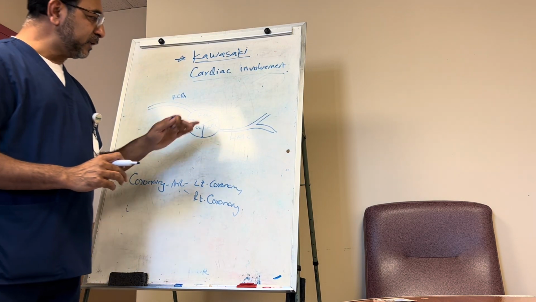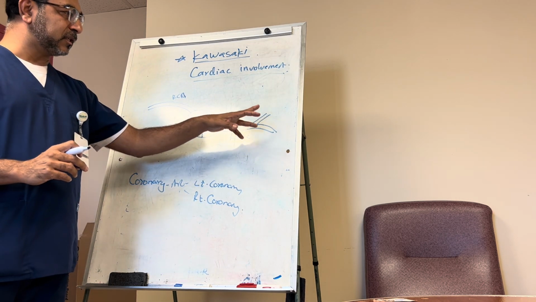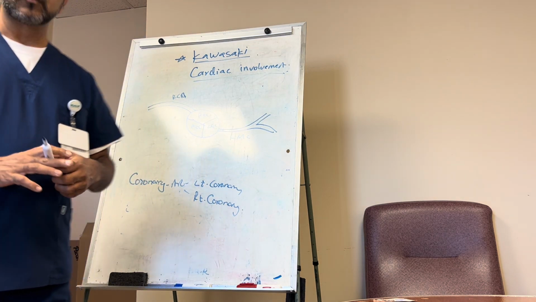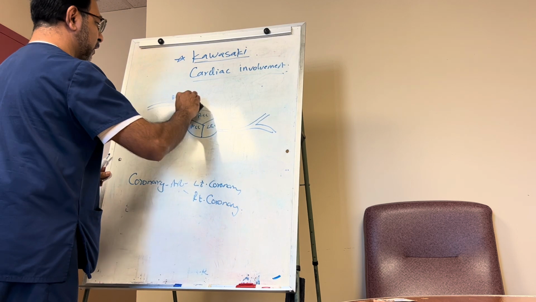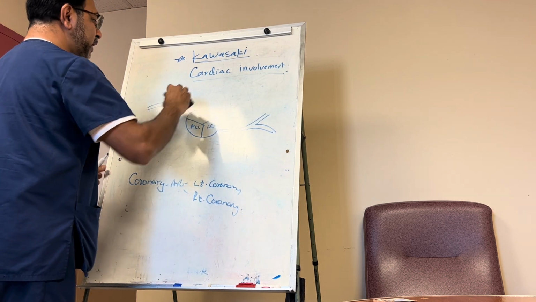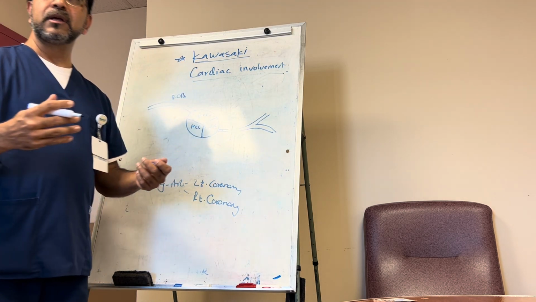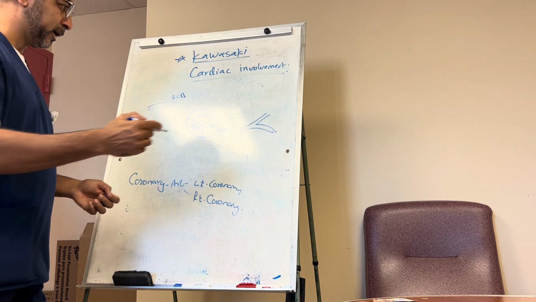Okay, and which segment of the coronaries are involved? Is it the left main coronary, the circumflex, or the left anterior descending, or what? It's usually the proximal segments. That's why echocardiograms are useful, because if it's distal, it's very difficult to see the distal part of the coronary arteries on echocardiogram.